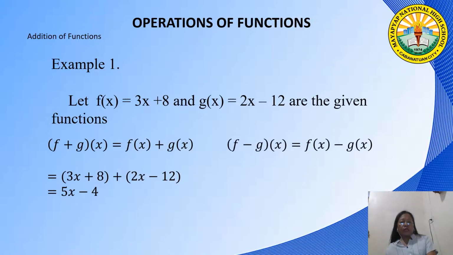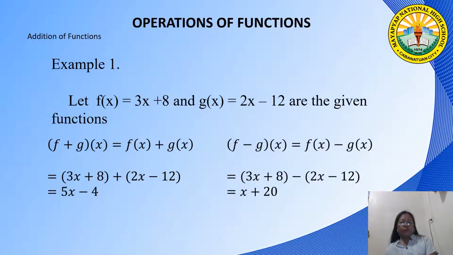So let us have finding the difference. Let us use the same functions. By definition, f minus g of x equals f of x minus g of x. f of x is 3x plus 8 minus g of x is 2x minus 12.